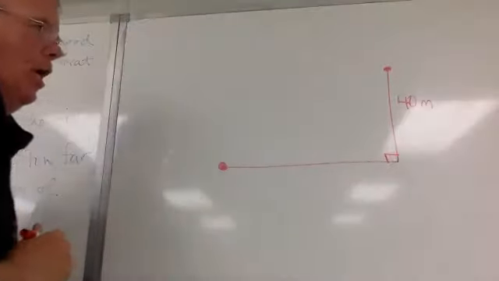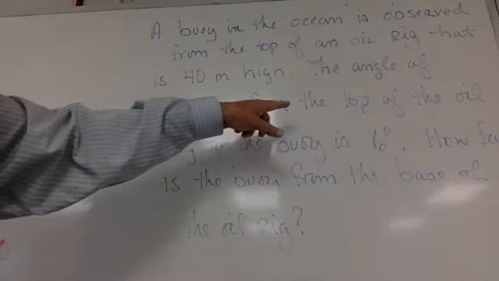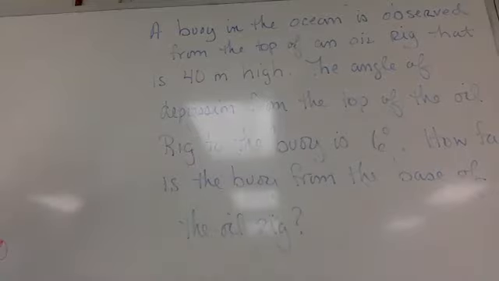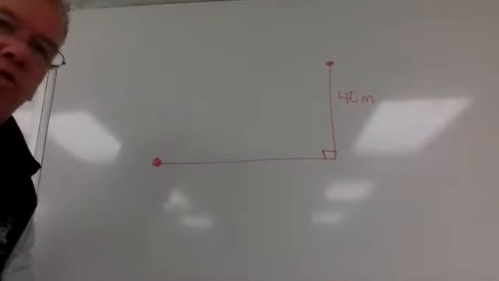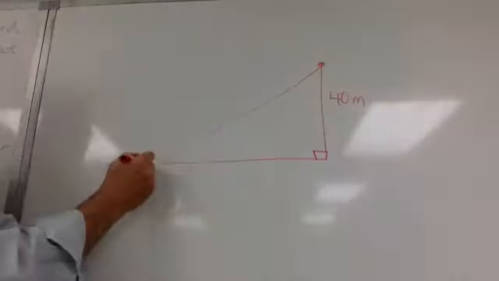So we go back to our question. The oil rig is 40 meters high. The angle of depression from the top of the oil rig to the buoy is 6 degrees. So I'm just going to draw the line from the top of the oil rig to the buoy.